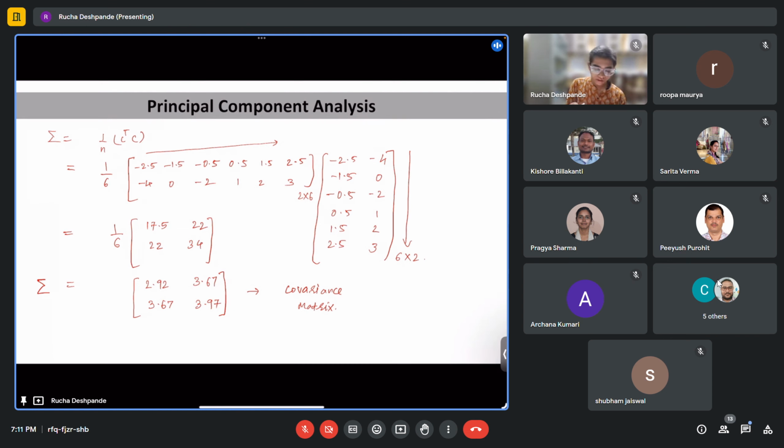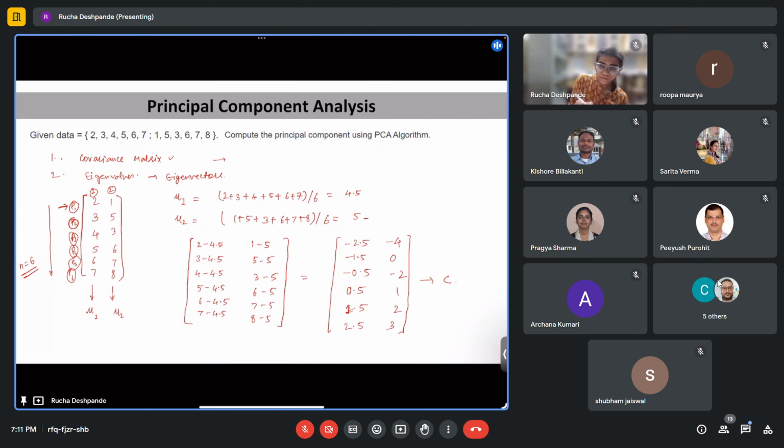This is our first step to calculate the covariance matrix. Now we need to find the eigenvalues and their corresponding eigenvectors.